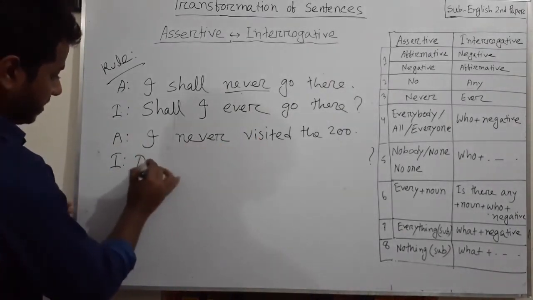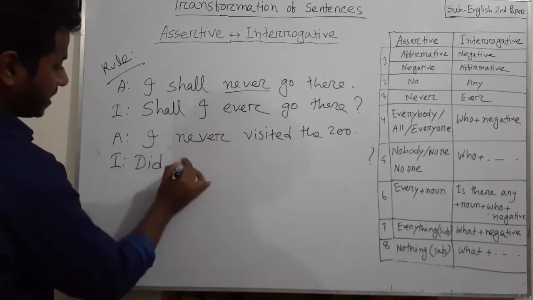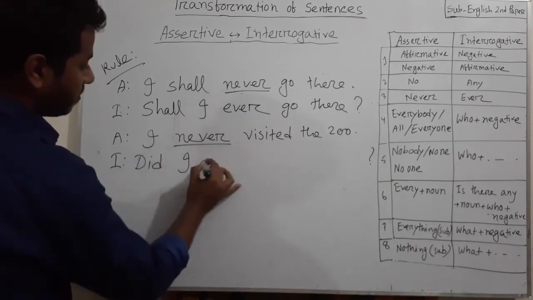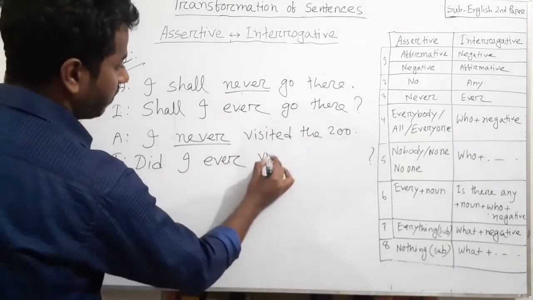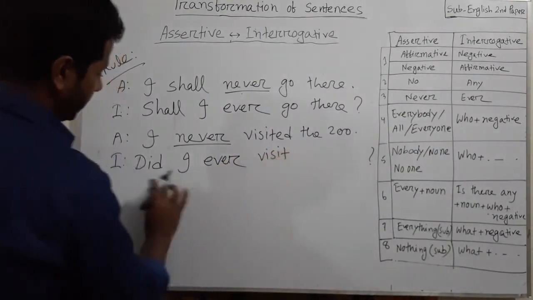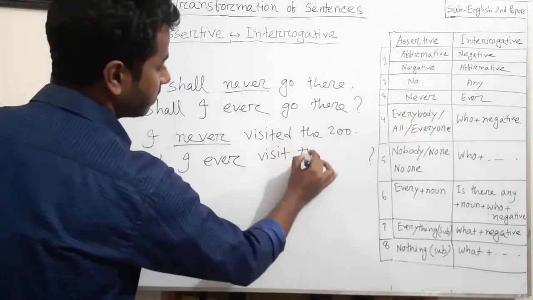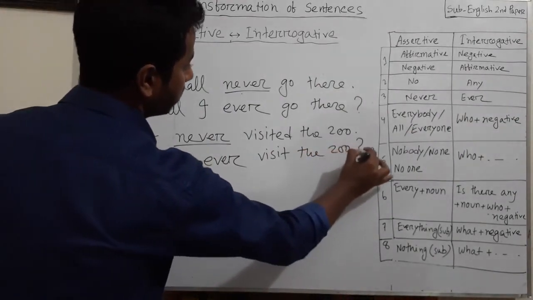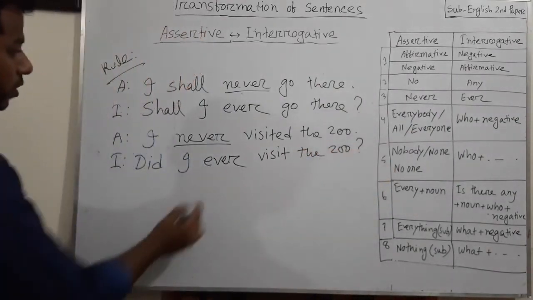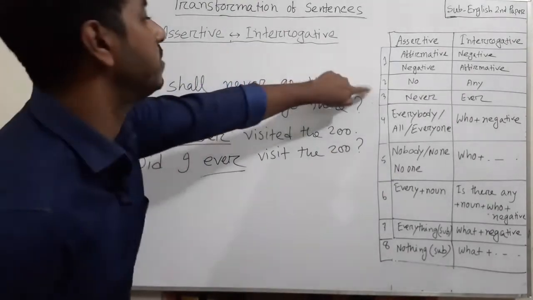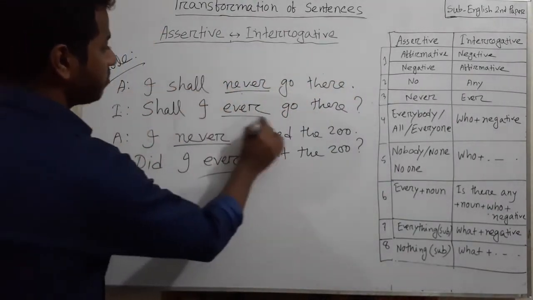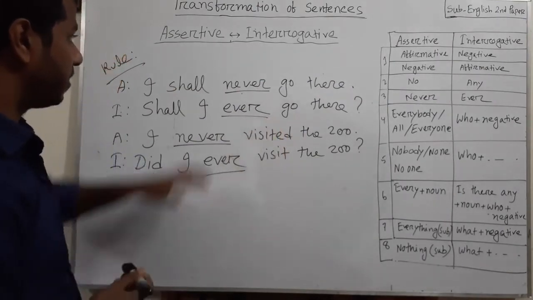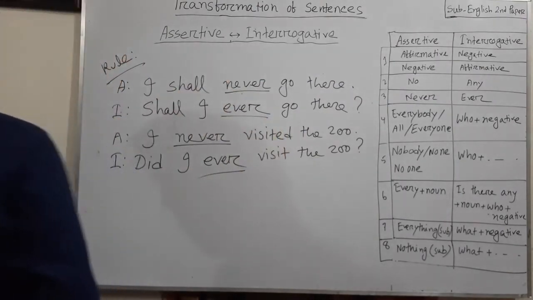So write did, then the subject, did I, never will be ever, did I ever, then the verb in base form, did I ever visit the zoo, then the interrogative mark. Okay, so in the third rule, if in the assertive sentence there is never, in the interrogative sentence we have to write ever instead of never.